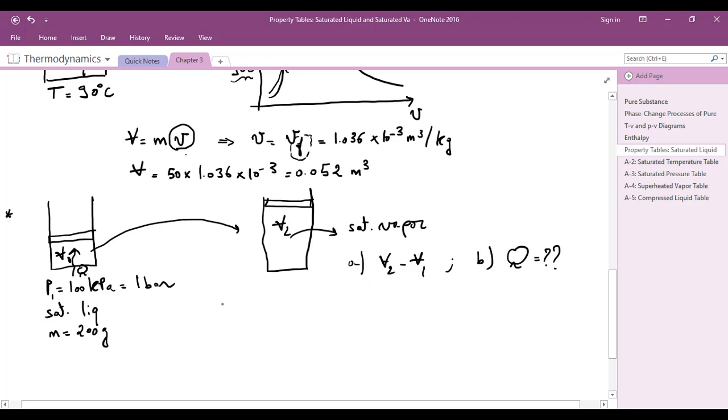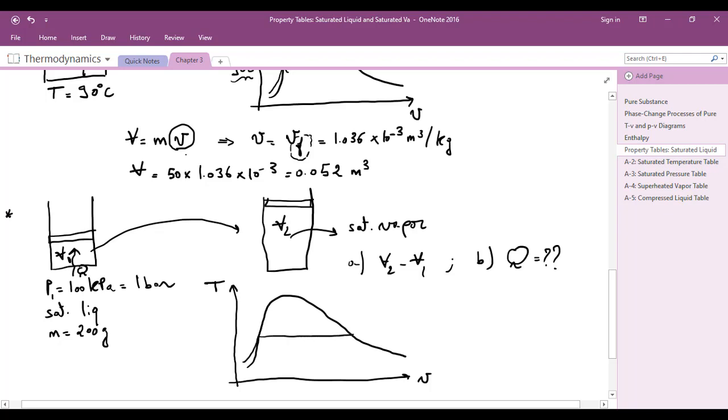First, to calculate V2 minus V1, let's try to draw this process on a T-v diagram. So this is the vapor dome. This is the pressure of 1 bar, so P is equal to 1 bar.